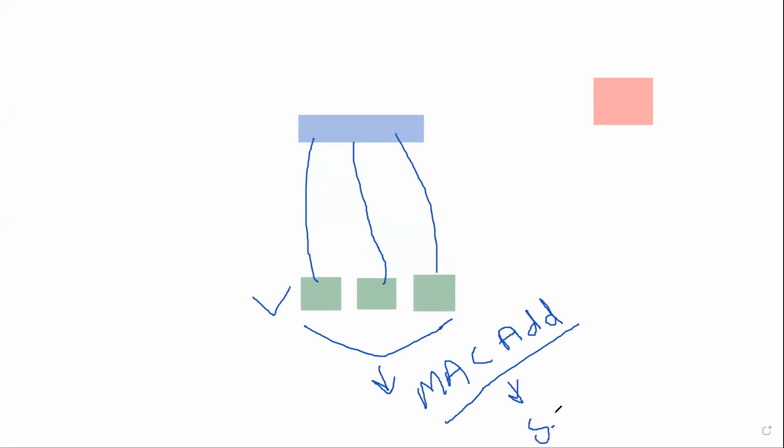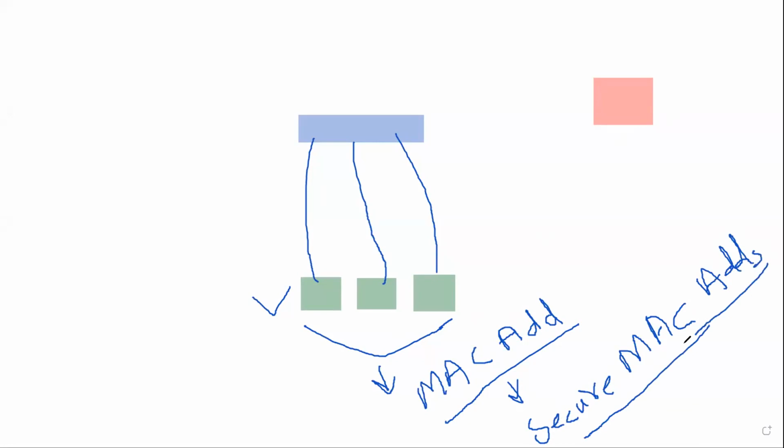Secure MAC addresses, because we will tell the switch, allow these MAC addresses. These are secure or safe MAC addresses. And the MAC of this computer will be insecure, so the insecure one will not be allowed. Okay, good.